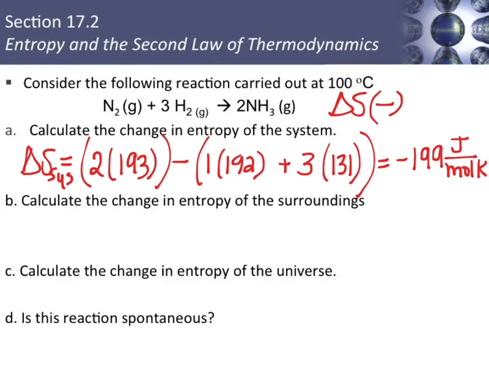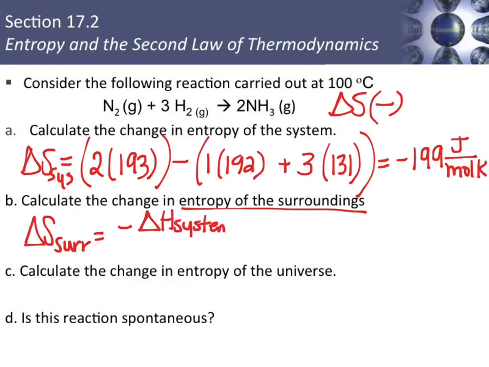All right, calculate the change in entropy for the surroundings. So now we need delta S for the surroundings. Remember I gave you that equation, negative delta H of the system divided by the temperature. So we need to find out the system.